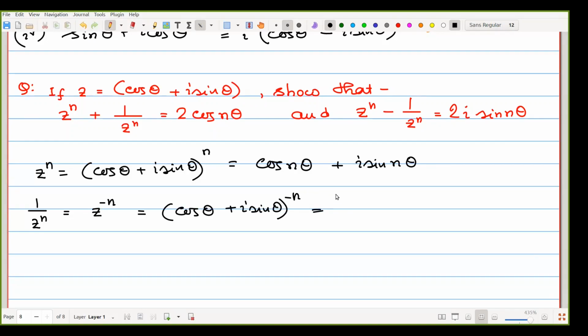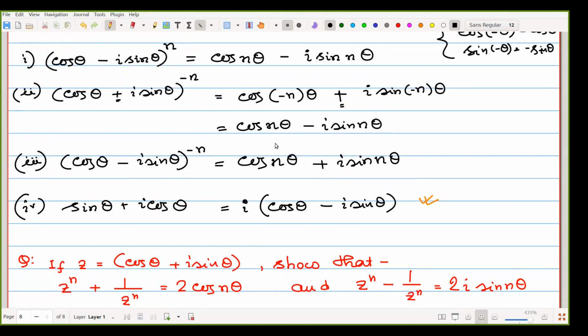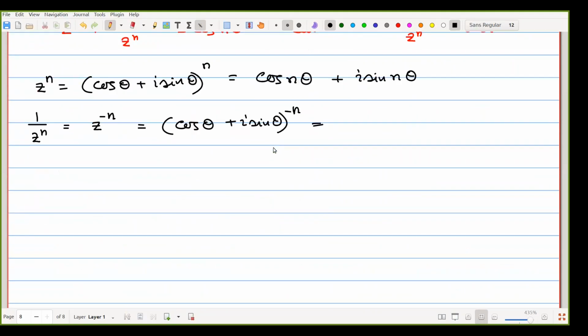That means cos n theta minus i sin n theta.